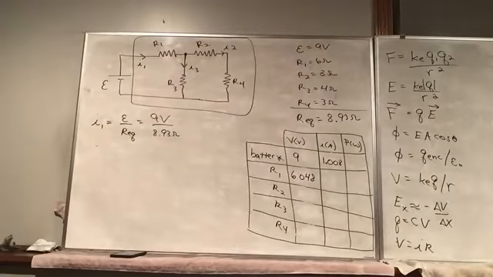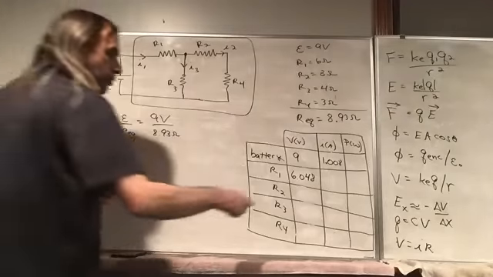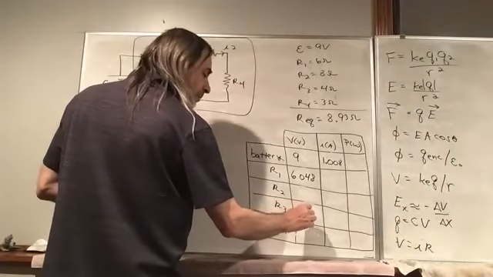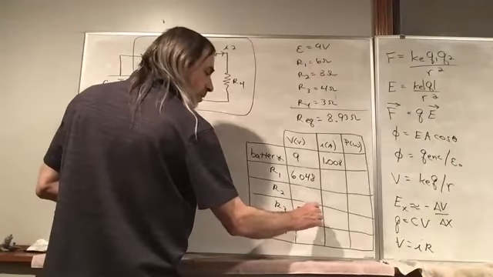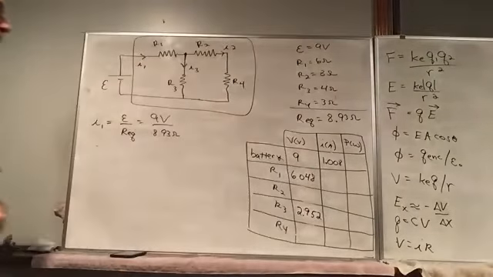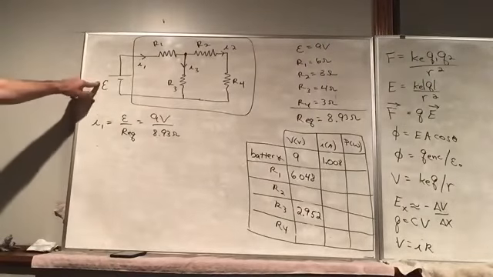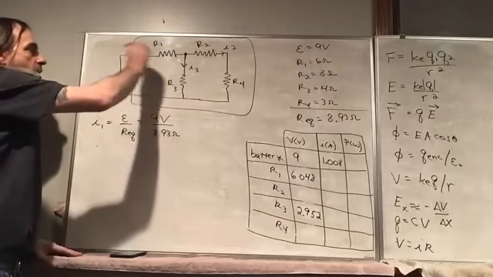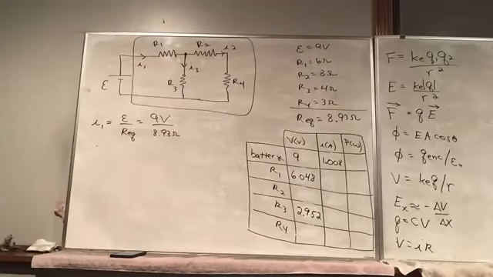Which means R3 would be 2.952. So you have to add up those to get 9 volts. Again, we're saying there's no significant drop for the wires themselves. Yeah, so that works out.